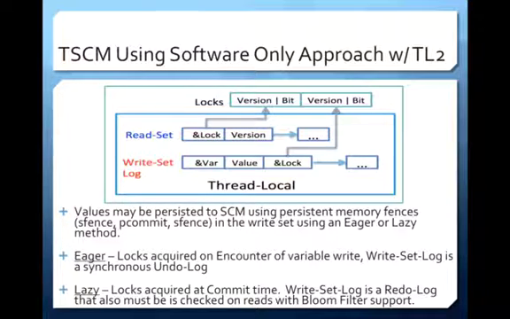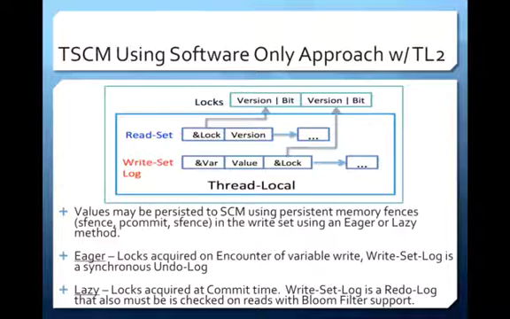The reads keep track of the version number that the application has read inside of the transaction, and those are validated to make sure that the read variables haven't changed. This can operate in an encounter mode, such that as variables are written, the locks are acquired in the encounter order. And this is like an undo log. As the variables are encountered, the lock is acquired, they're written, but the write set becomes an undo log.